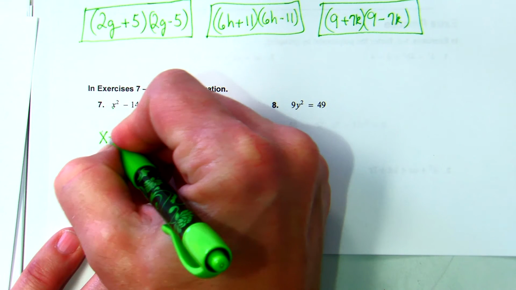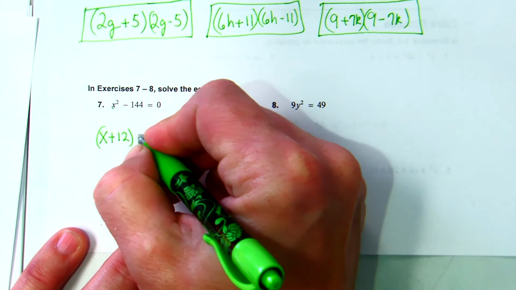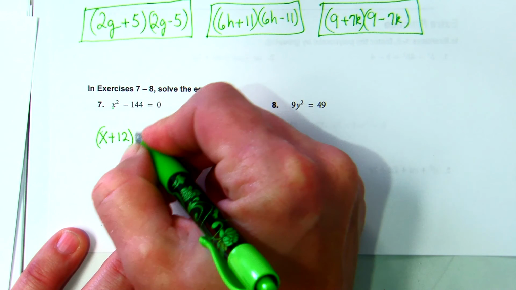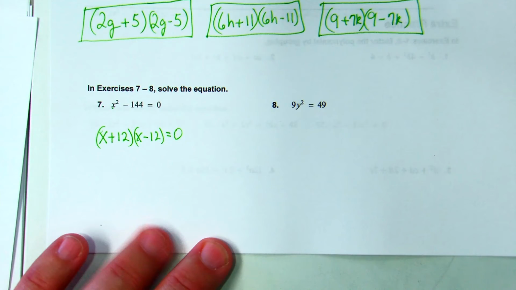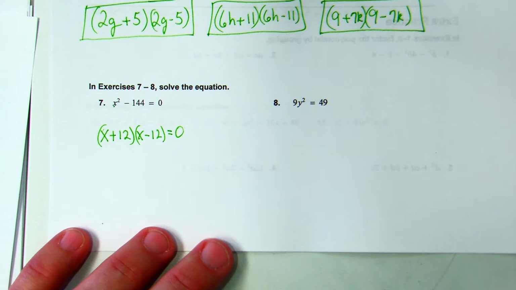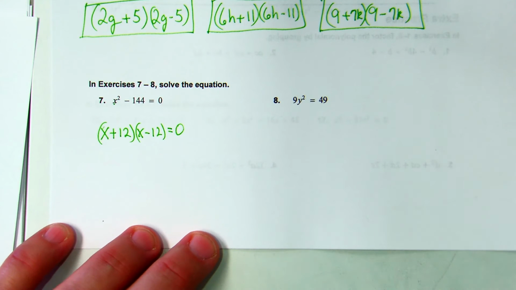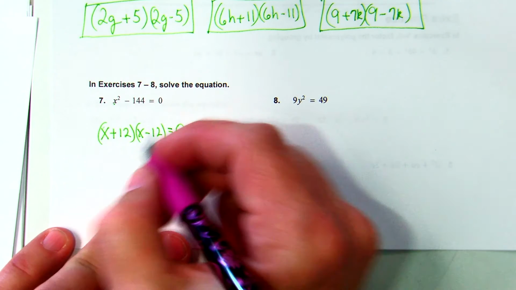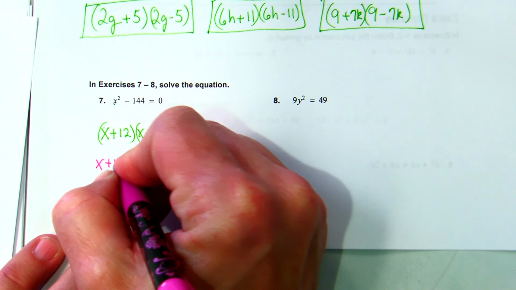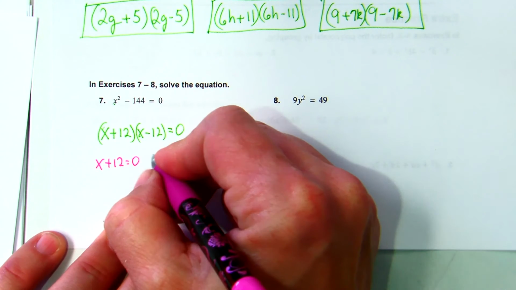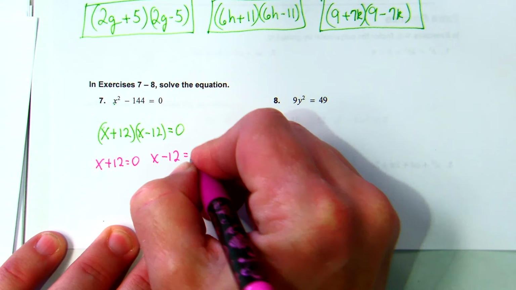So we're going to have x plus 12, x minus 12. And we set that equal to 0. And now we need to take each factor and set them equal to 0 to solve for x and find the solutions or the zeros of this equation or polynomial. So we're going to have x plus 12 equal to 0 and x minus 12 equals 0.